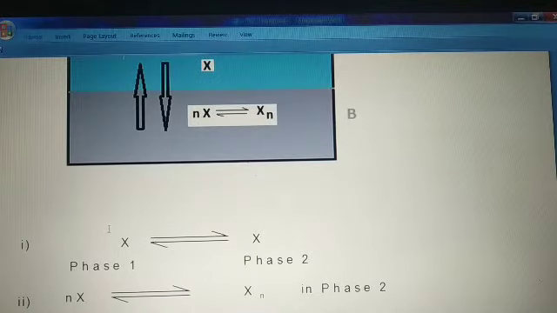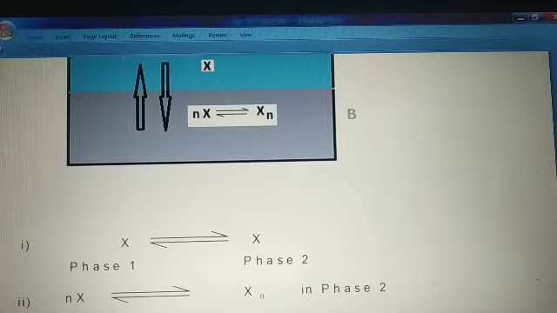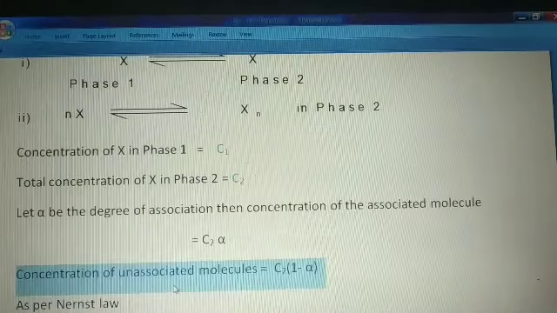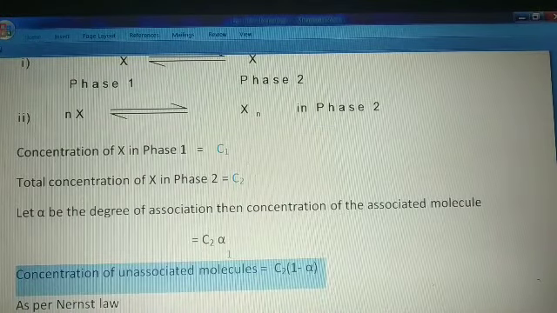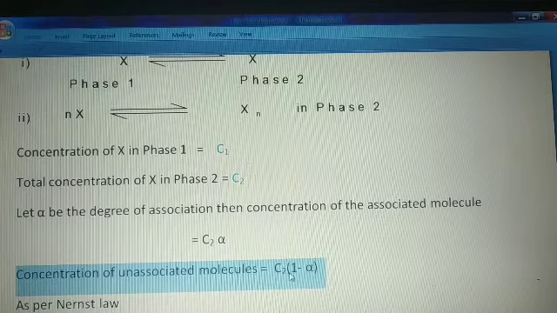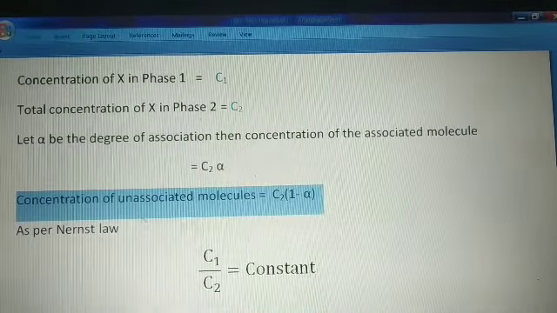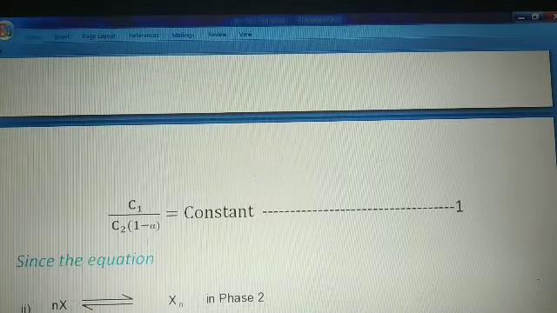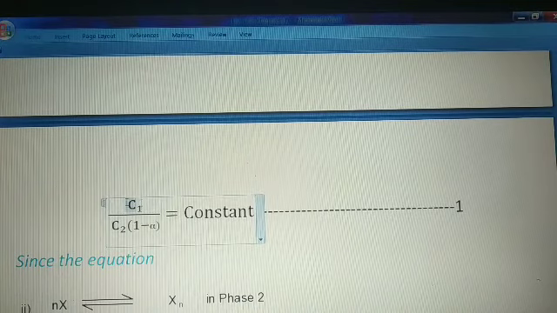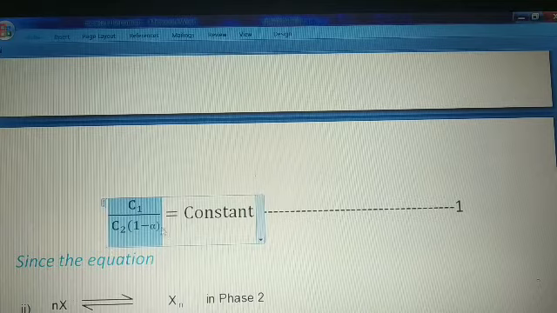So the molecular state in phase 1 is X with concentration C1, and in the second phase the concentration of the unassociated, similar molecular state is C2 into 1 minus alpha. Applying the Nernst law, C1 divided by C2 into 1 minus alpha, the unassociated part, is equal to a constant.